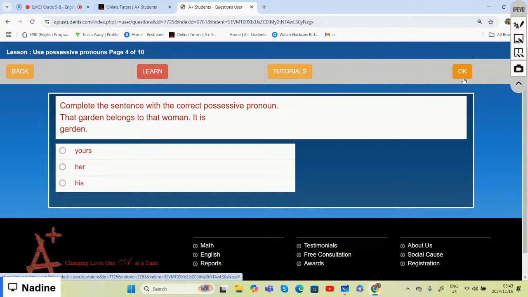The next one says that garden belongs to that woman. So if the garden belongs to that woman, then whose garden is it? Is it your garden, her garden, or his garden? Yours, option one, her, option two, or his, option three.